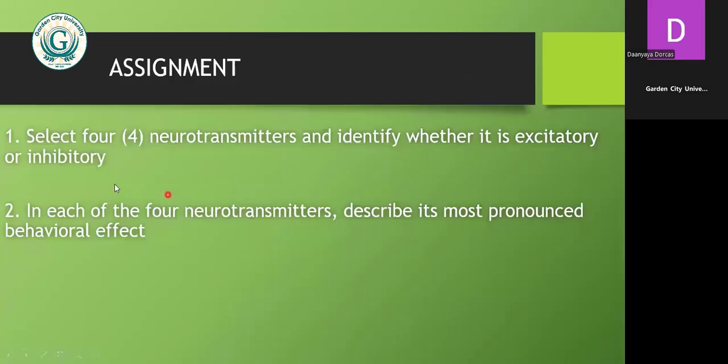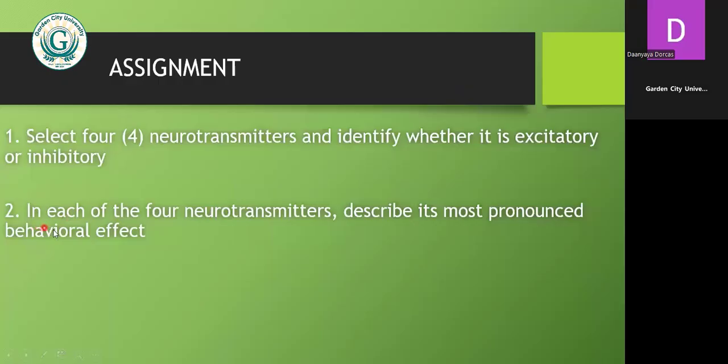The first question is to select 4 neurotransmitters and identify whether each is excitatory or inhibitory, right?